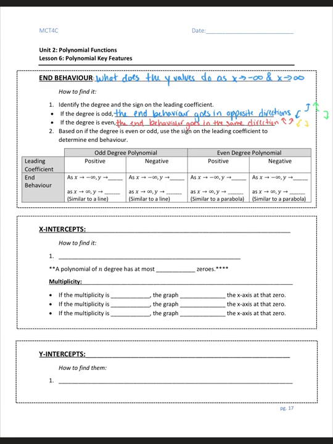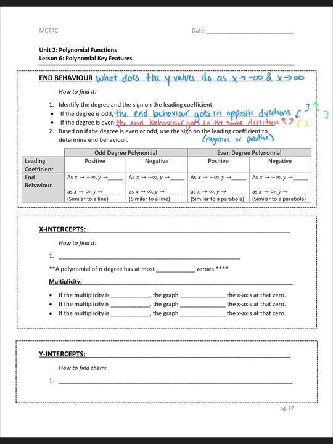That's our end behavior. So based on if the degree is even or odd, use the sign on the leading coefficient to determine the end behavior. So that sign on our leading coefficient will tell us if it's negative or positive, and that'll tell us what's going on with our end behavior.